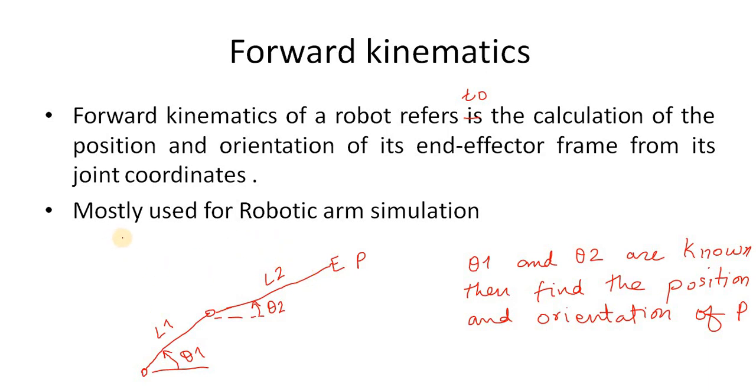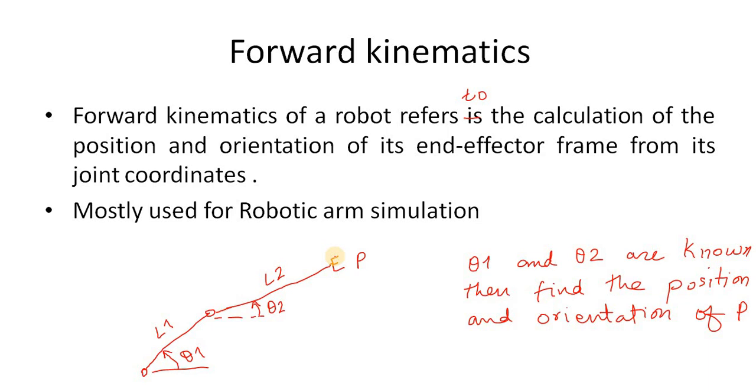So mostly forward kinematics is used in robotic arm simulation. So what happens is that during the simulation of a robotic arm, you give it some kind of input, and then your robot moves to that point.